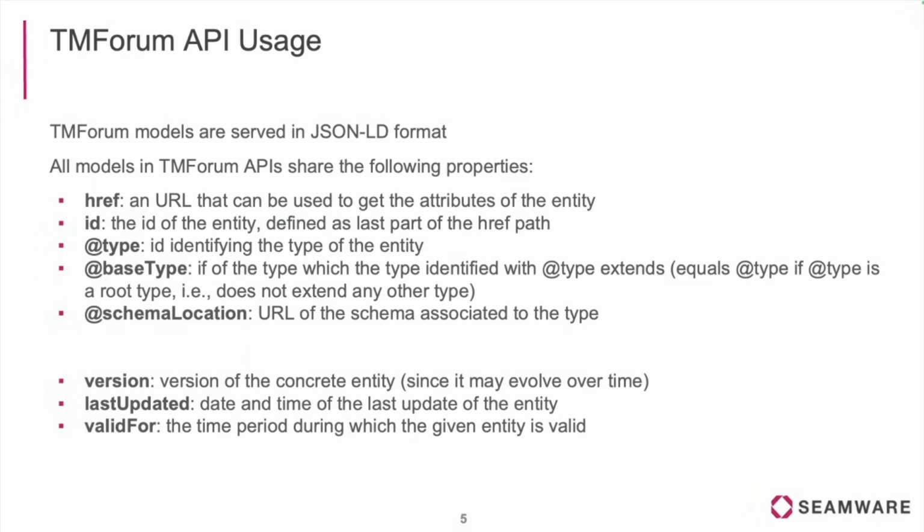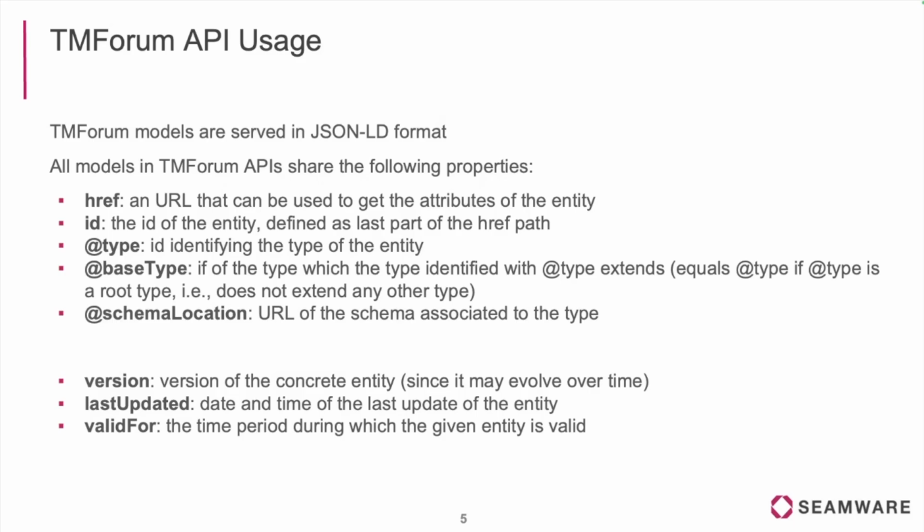And then we have two extra attributes, which are typically used in order to generate some kind of inheritance in the APIs, which are the @baseType and the @schemaLocation. This is typically used in order to extend the entities.